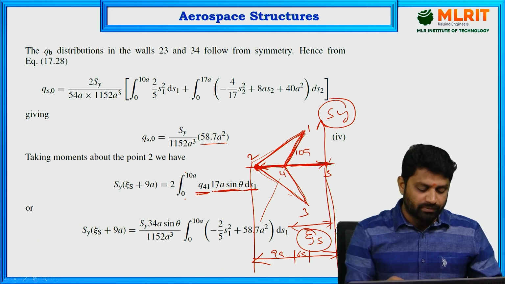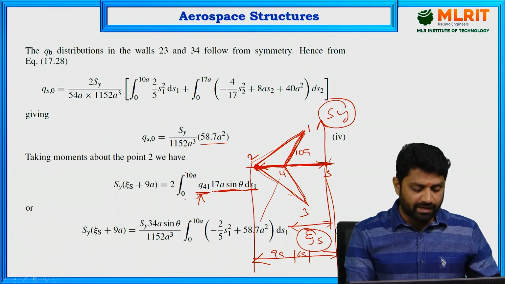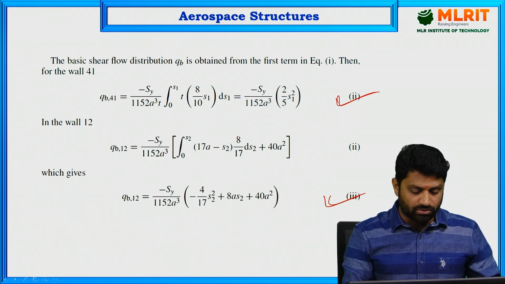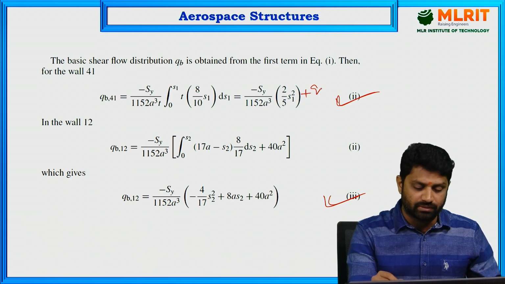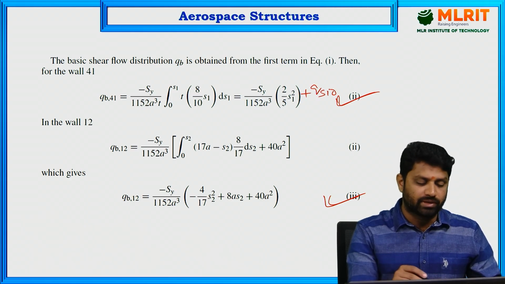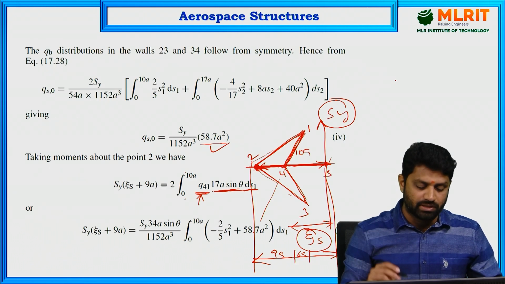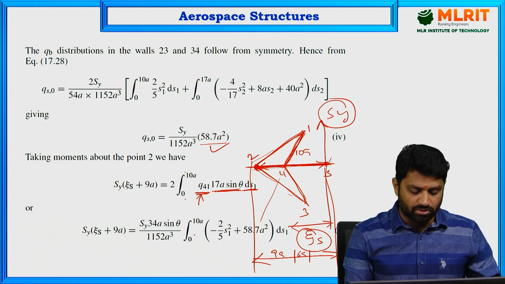Then you can substitute for Q41. Now what is this Q41 again? You got QS naught, so this QS naught you have to add over here, then you will get the actual Q41. Or else you can just straight away substitute the distribution for QB41.